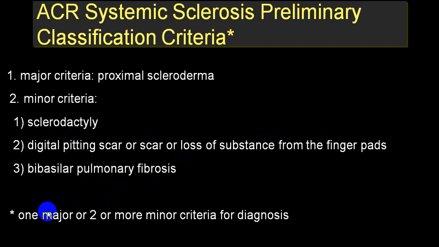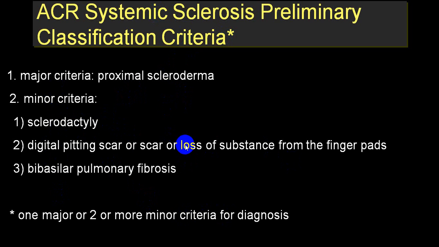For the diagnosis you require either one major criterion or two or more minor criteria for diagnosing systemic sclerosis.